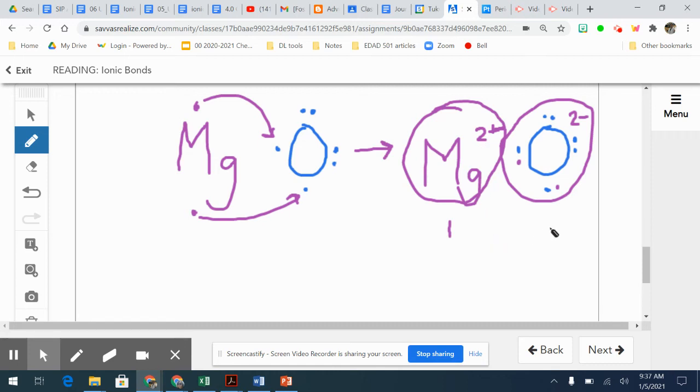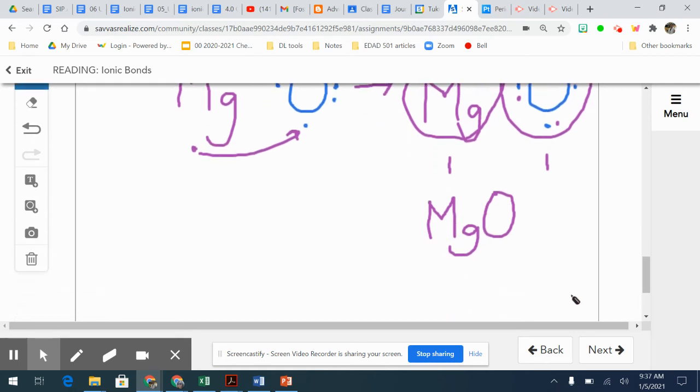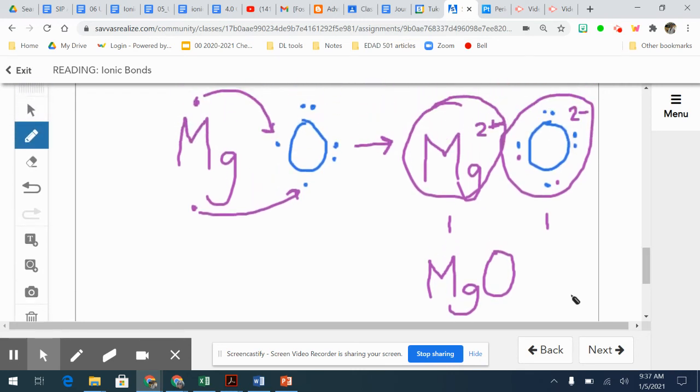I have 1 magnesium and I have 1 oxygen. So my chemical formula for this is going to be Mg. Oh, and I'm going to write them next to each other as if it were a word, right? There's no space here. And that is my chemical formula. All right, and that would be the answer for that one.